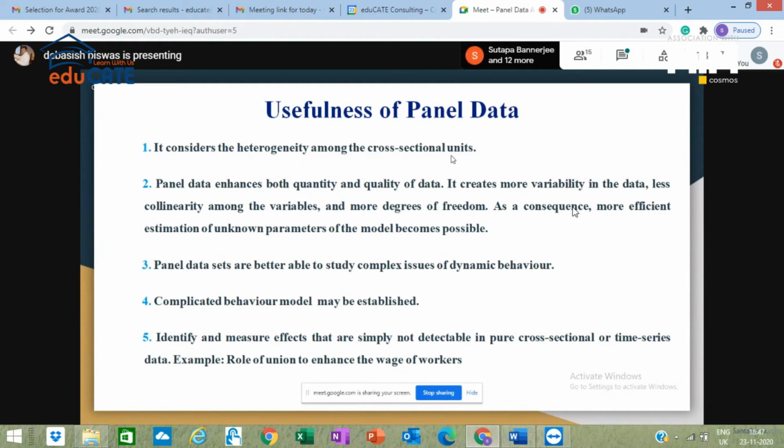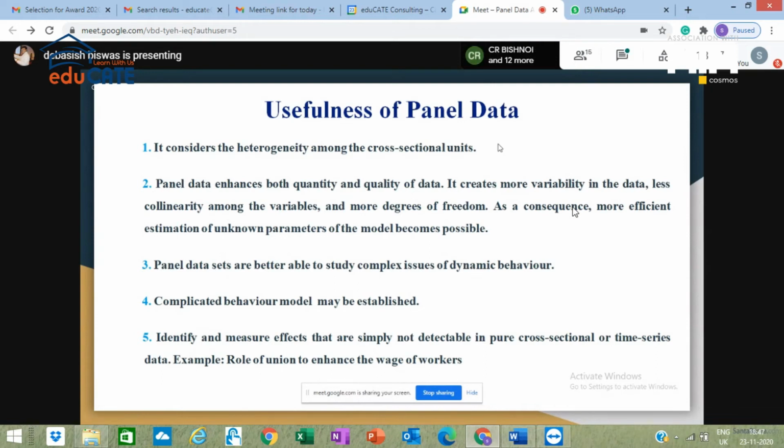That depends on the nature of your research work, basically on the objective of your study. So the first importance is that panel data considers the heterogeneity or the variability among the cross-sectional units.